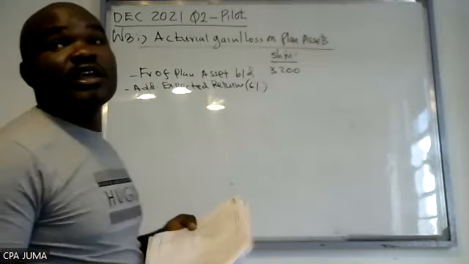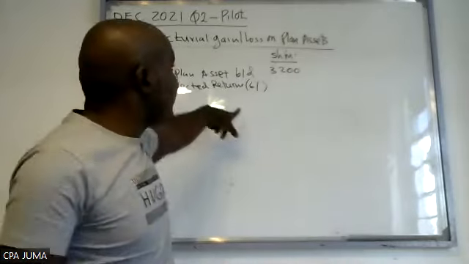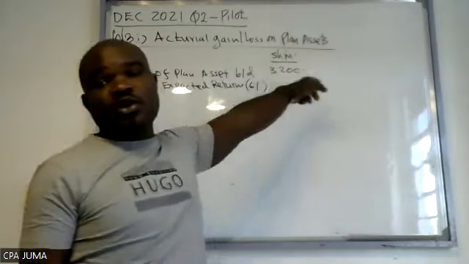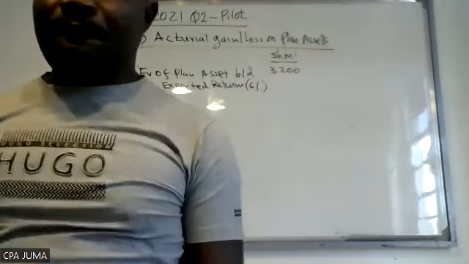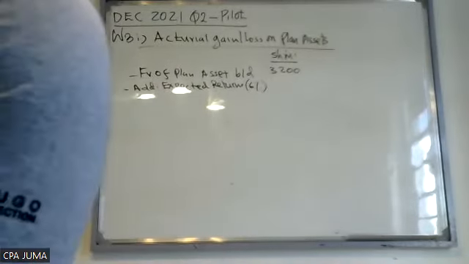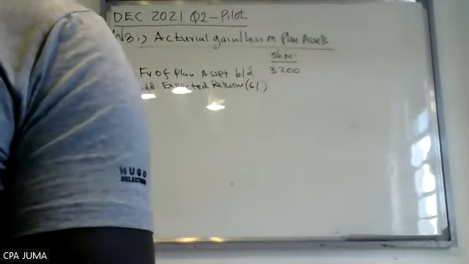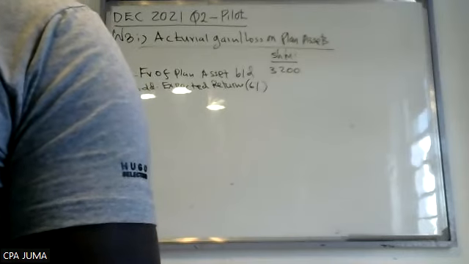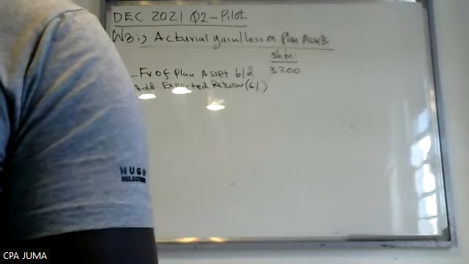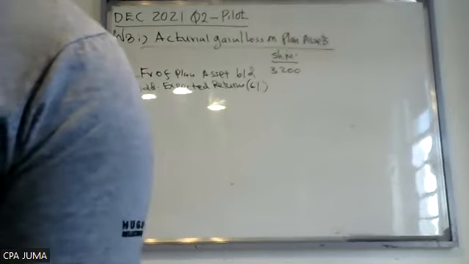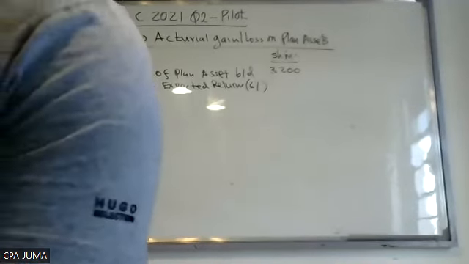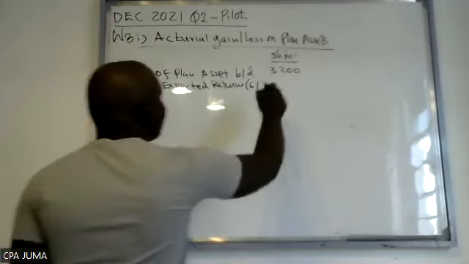So it is always 6% of the opening value at the beginning of the year. So 6% of 32. What should we report? How much are we reporting? We are reporting 1.92. Thank you.